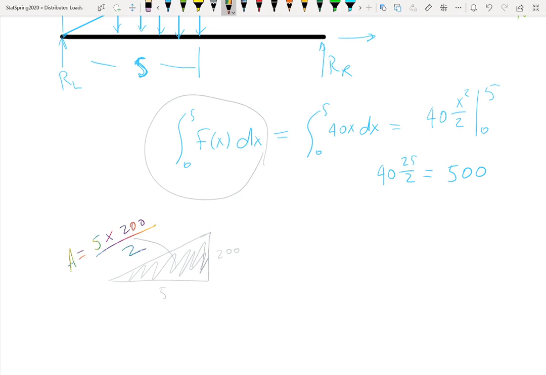It only includes this lower part. So what you end up with is 200 times 5 is 1,000, then half that's 500. That's exactly what you got over here.